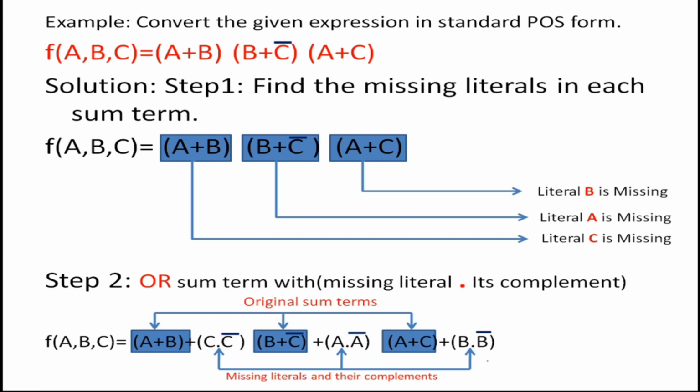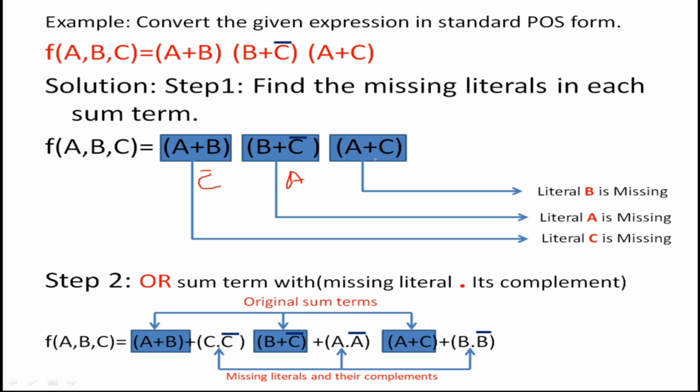In the first step, as usual, find the missing literals in each sum term. In the first sum term A plus B, C is the missing literal. In the second sum term B plus C bar, the missing term is A.